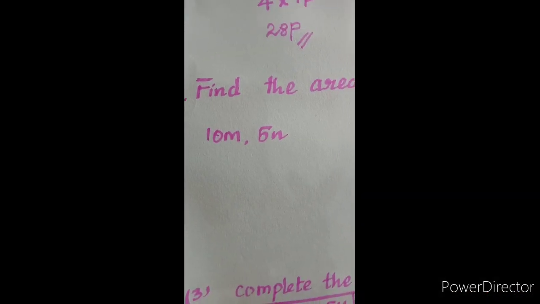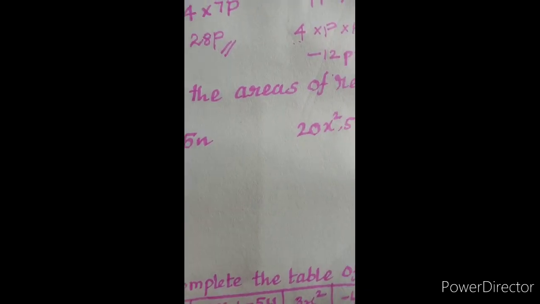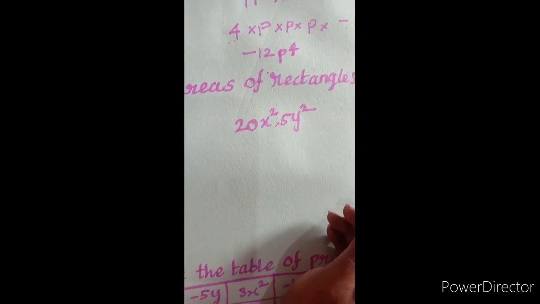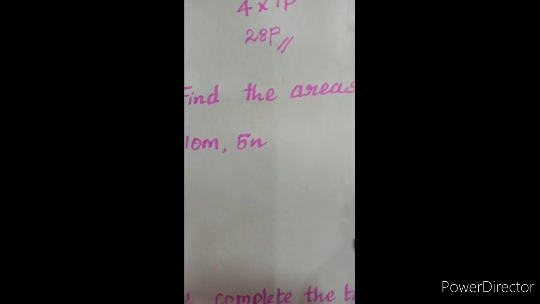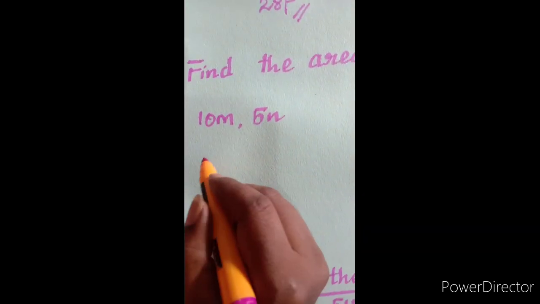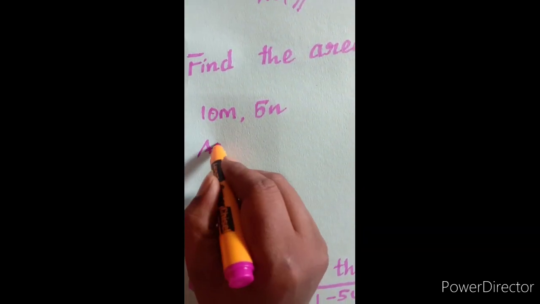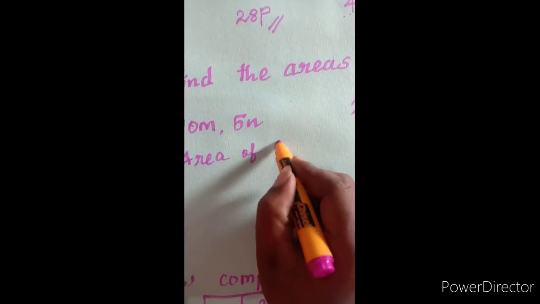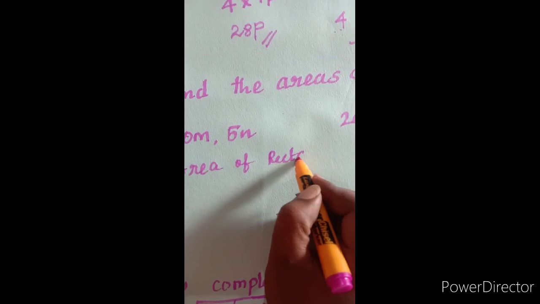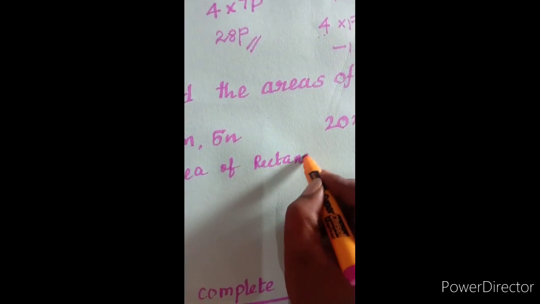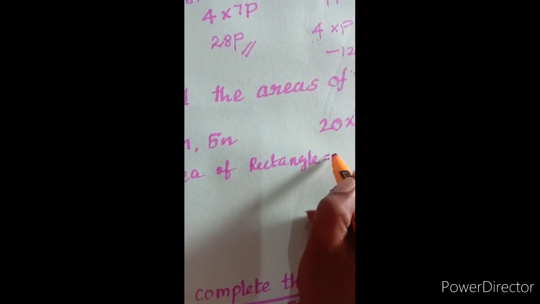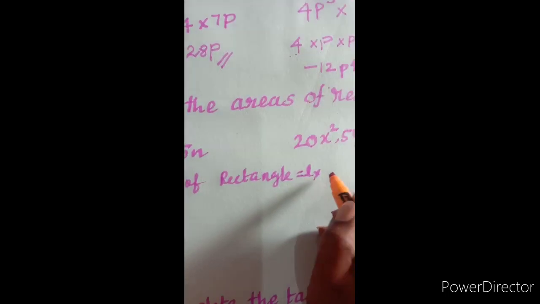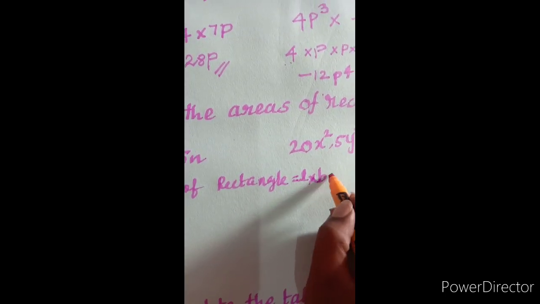Second question, find the areas of rectangles. So we know that area of a rectangle is equal to L into B square units.